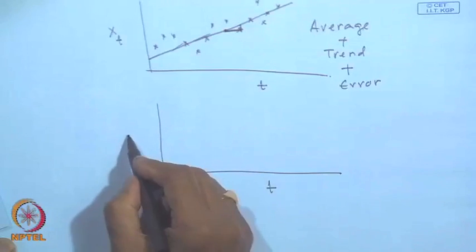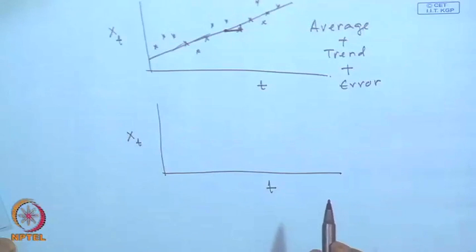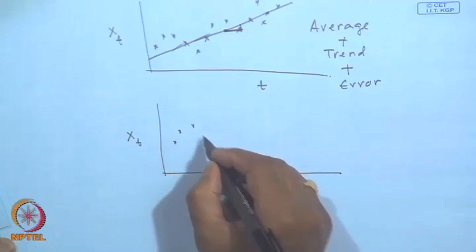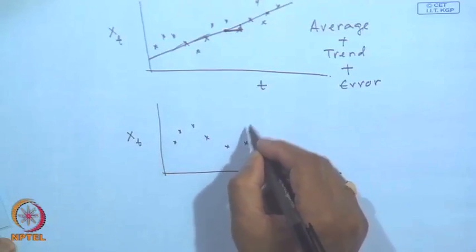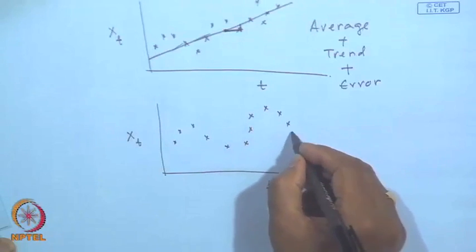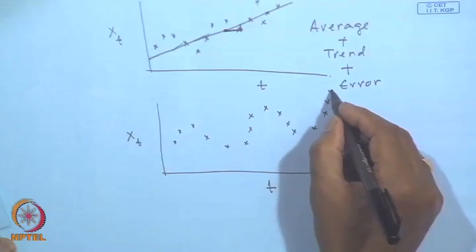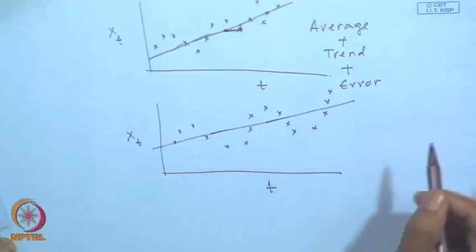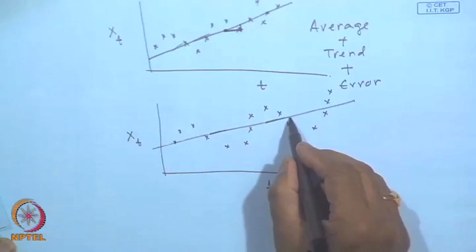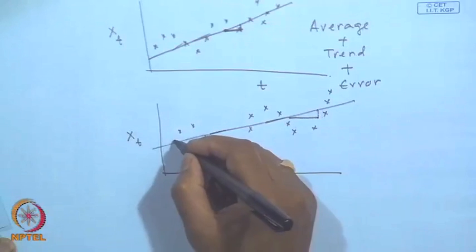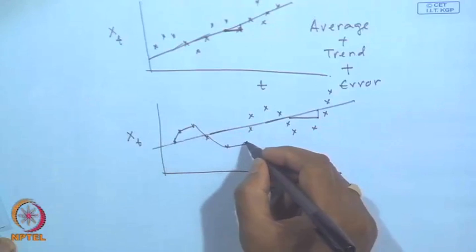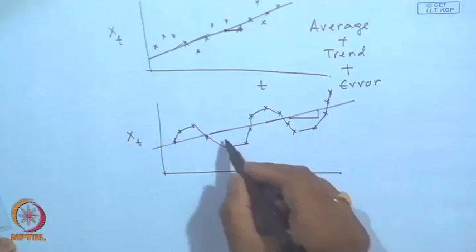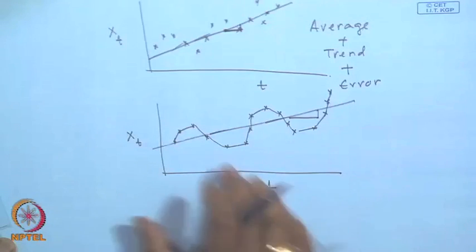Take up another case where x t shows, now if you look at this, it has an average, has a trend, and it is associated with a seasonality, a perfect seasonality.